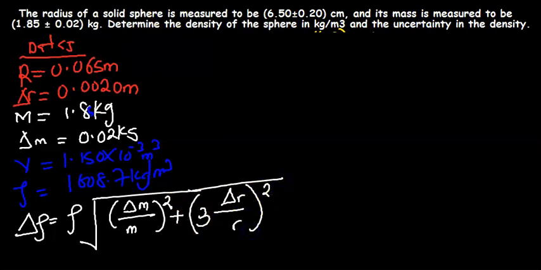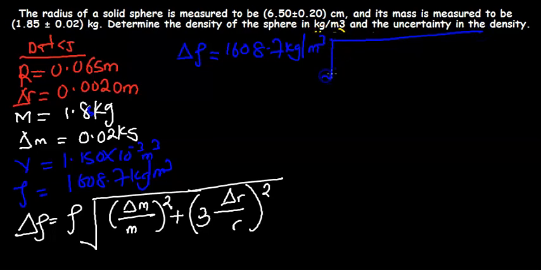So at this point, we can insert our values by saying the uncertainty of the density is going to be, what is the value for density? The value for density is 1608.7 in kilogram per meter cube. So we can put in our bracket what we have at the numerator, which is the uncertainty of the mass.